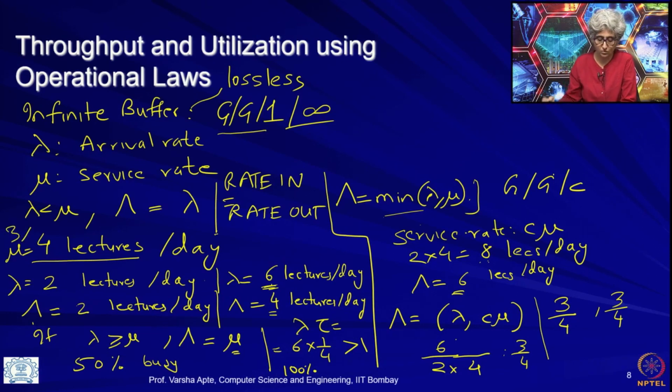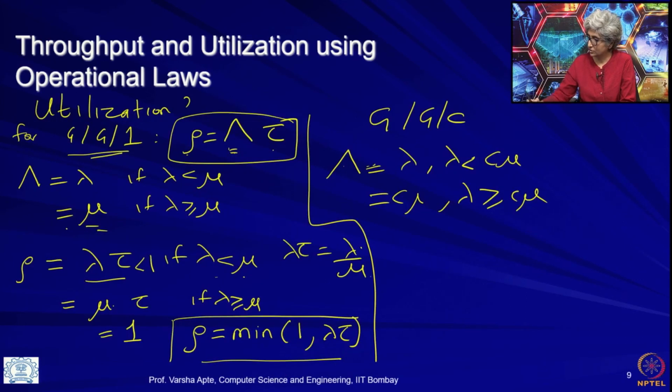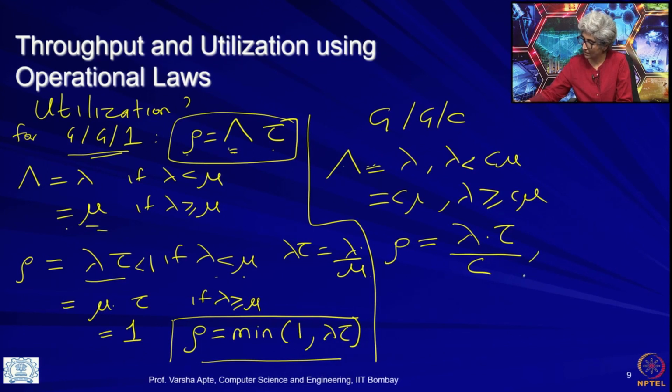That is what we need to convert into a formula. Utilization was lambda tau, but it is not going to be lambda tau anymore; the total work is divided between C number of servers. So, it is going to get divided by C. If one server was 50% busy, 2 servers will become 25% busy, right? It is very easy. This holds if lambda tau by C is less than 1.